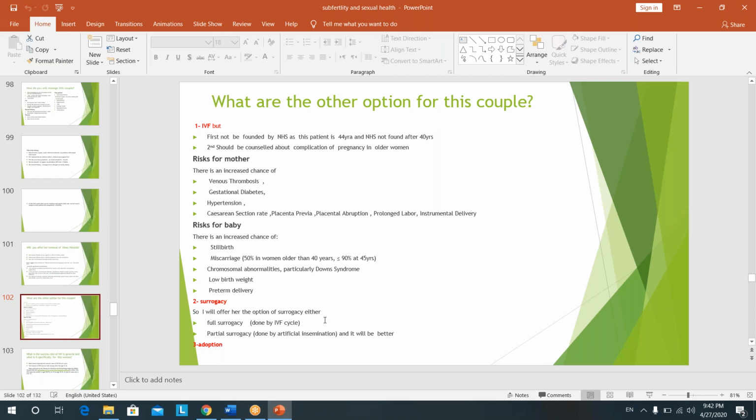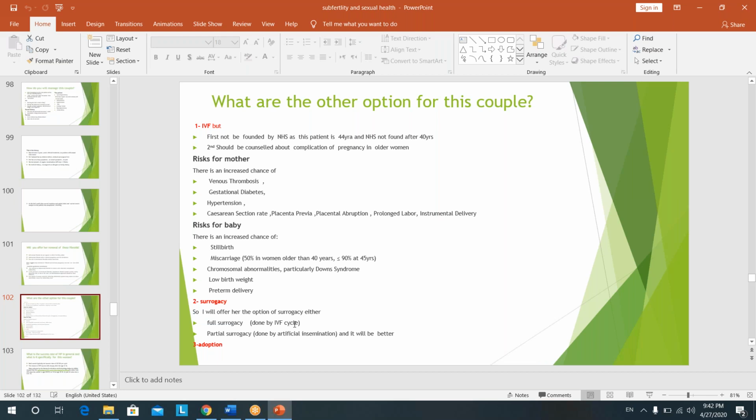Then I would put this fertilized egg in a surrogate mother. But in this one, I take the oocyte from this older patient, so she is still at risk of chromosomal abnormality, miscarriage, and the like.